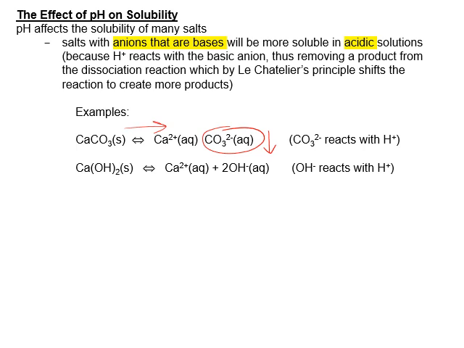Similarly, calcium hydroxide dissociates into calcium ions and hydroxide ions. Again, because hydroxide is a basic ion, addition of acid will cause that species to decrease in concentration, driving the reaction forward and dissolving more of the calcium hydroxide solid.